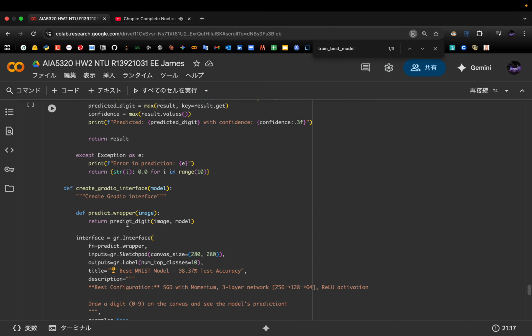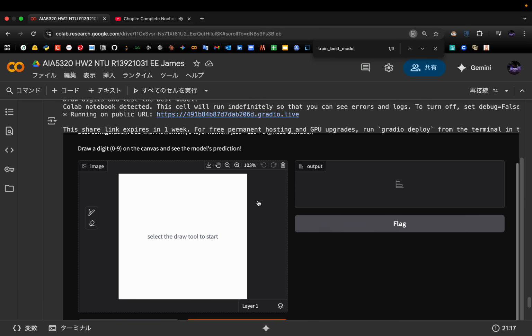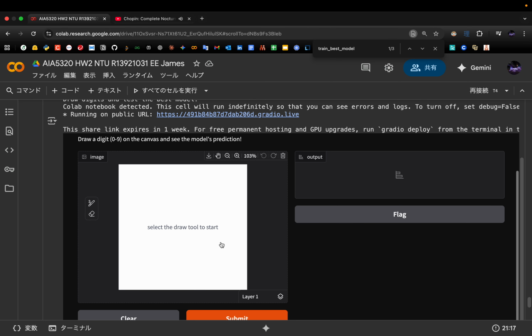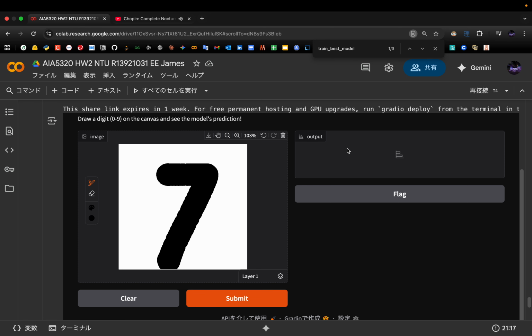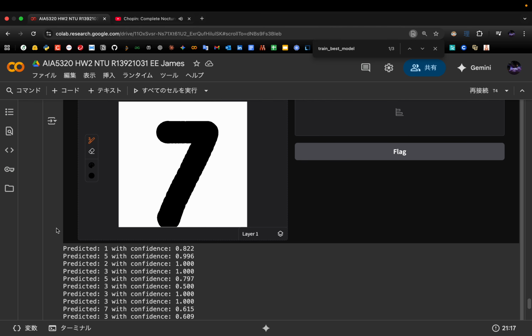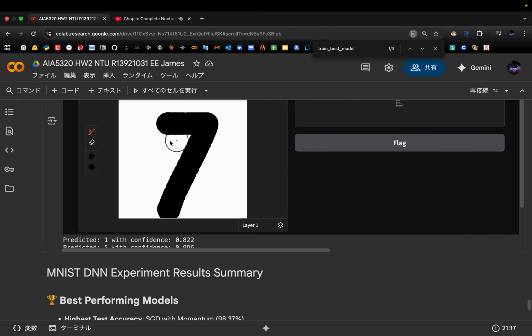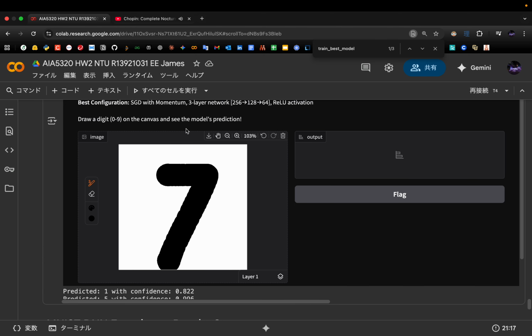So you can see that the final result is not as good as what was reported in the 30 epochs. Oh, it's not running now. If you run only this block, you will be able to see the predictions by testing different handwriting here in the Gradio interface.